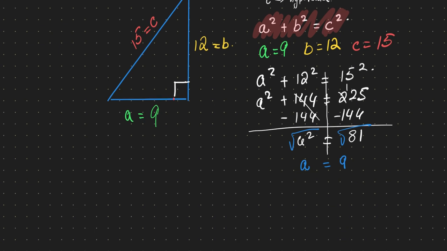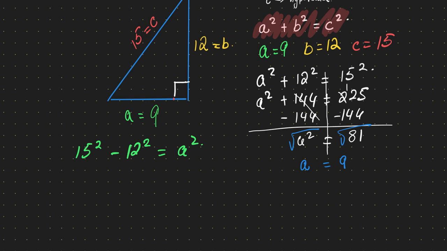If I have the hypotenuse and one of the legs, I would quickly do the second step and subtract the leg from the hypotenuse, like this: 15 squared minus 12 squared equals a squared.